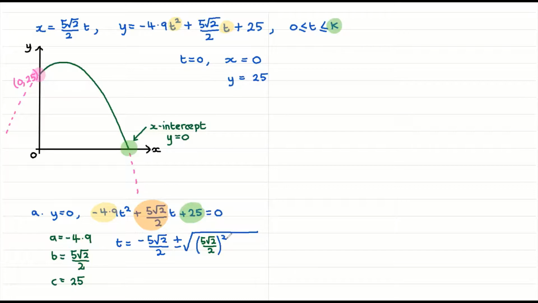So that's b squared subtract 4 multiplied by a, which is negative 4.9, multiplied by c, which is 25, and that's going to be all over 2a. So that would be 2 lots of negative 4.9.